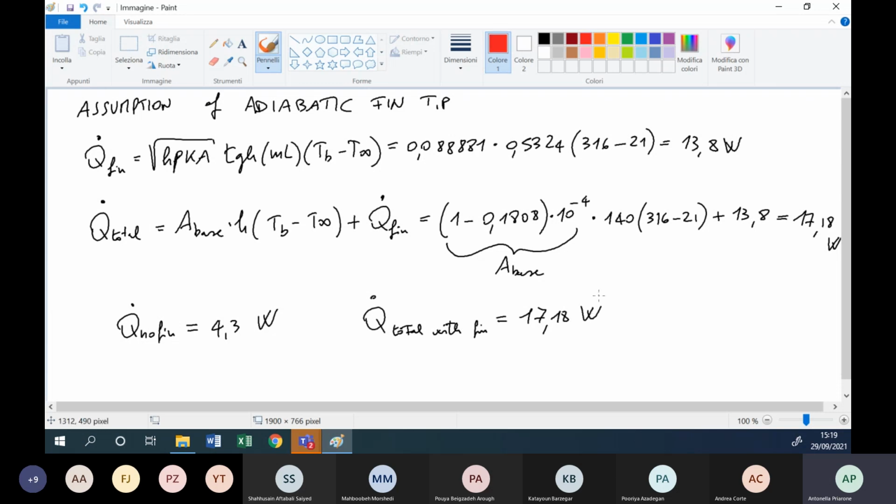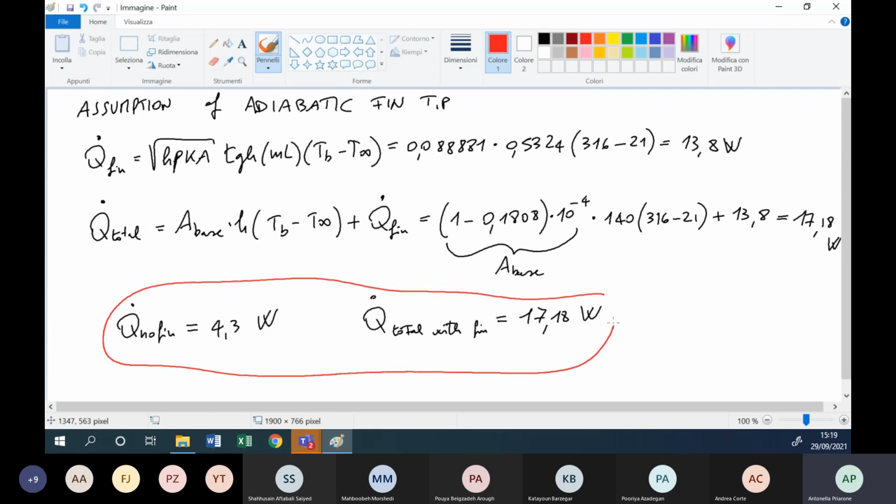So this comparison refers to 1 square centimeters of surface. Okay, so I increase 4 times the transfer rate of my cylindrical surface. It's okay for all of you? It's clear for all of you?